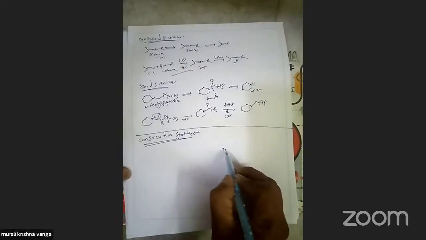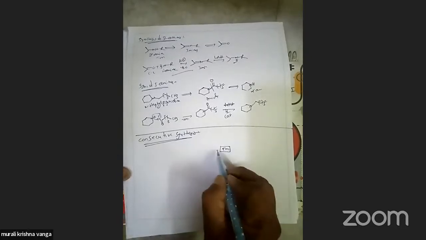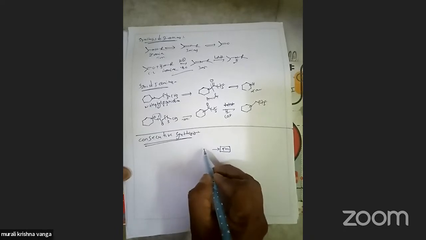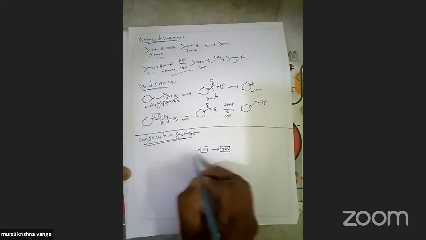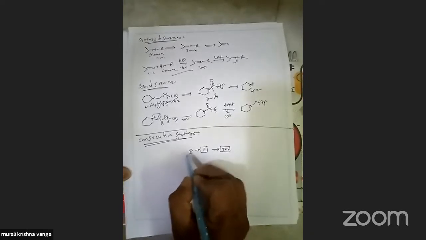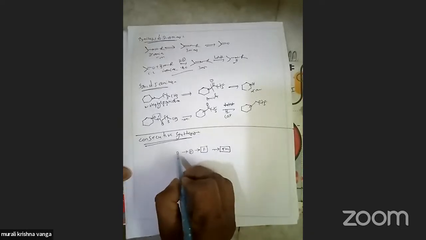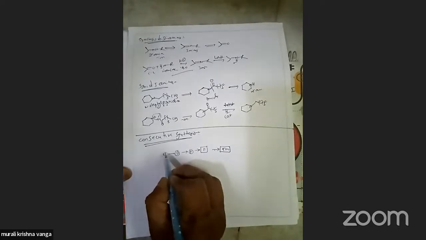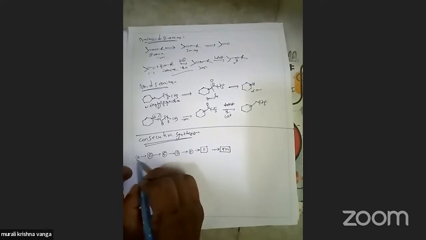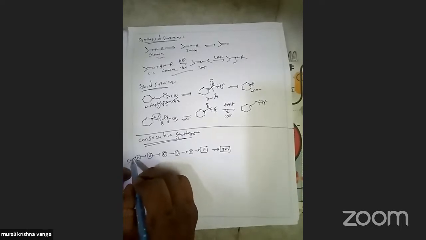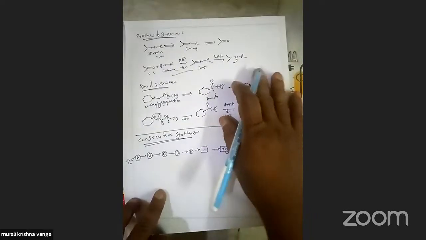The target molecule is synthesized from F. This F is synthesized from E, the E intermediate is obtained from D, D is from C, C is from B, B is from A, and A is from the starting material. The sequential arrangement of intermediates gives the target molecule in consecutive synthesis.